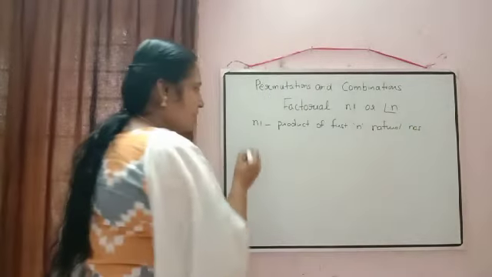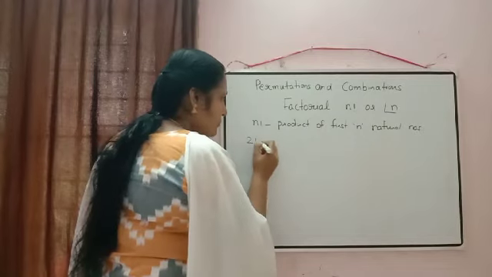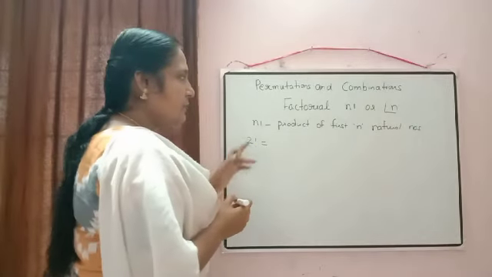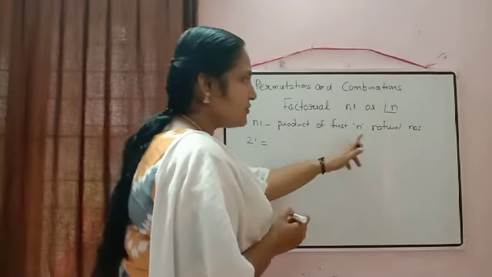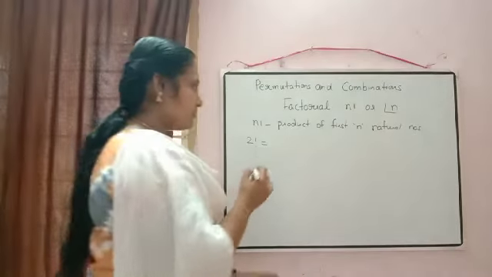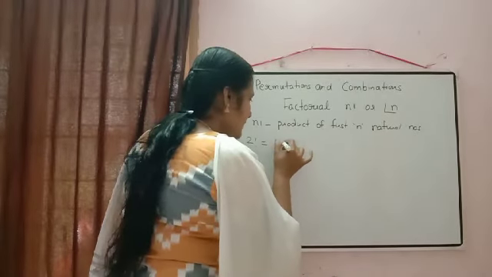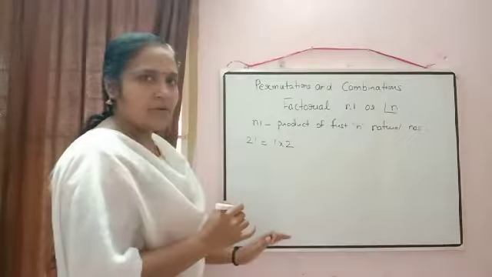So if we write 2 factorial, its meaning is the product of first 2 natural numbers, that will be equal to 1 into 2.